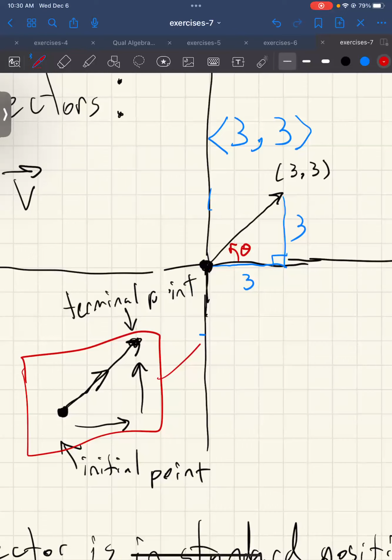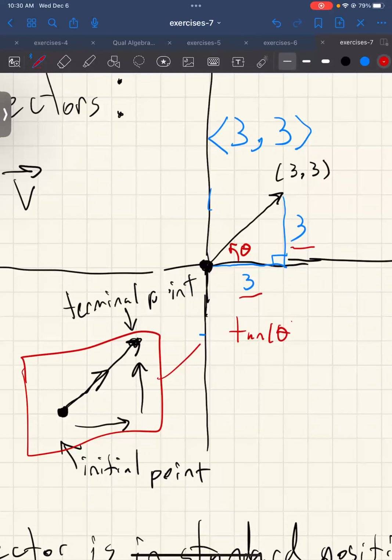Well, is there any trig function that we know that relates the opposite and adjacent sides of a right triangle? And we play the Jeopardy theme song music while we wait for a second. A trig function that relates the opposite and adjacent side of the right triangle. That is tangent.